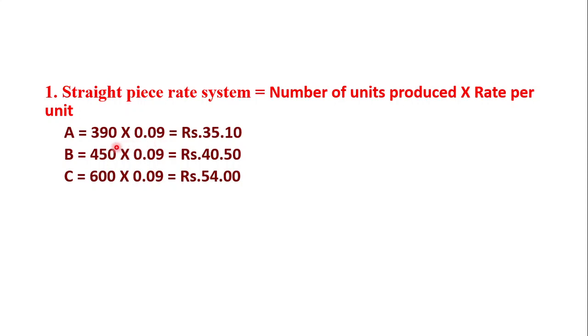First we multiply. For worker A, output is 390 into rate per unit 0.09. So under straight piece rate system, the wages of worker A is 35.10, for worker B 40.50, and wages of worker C under straight piece rate system is rupees 54.